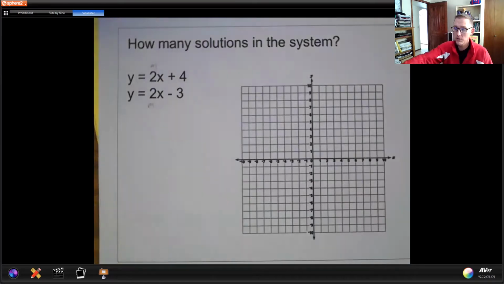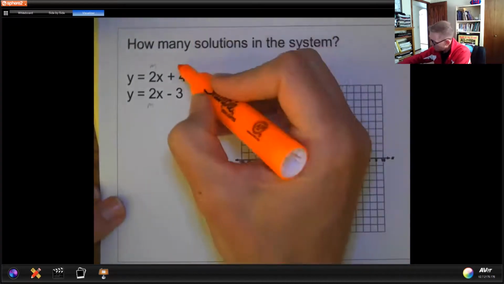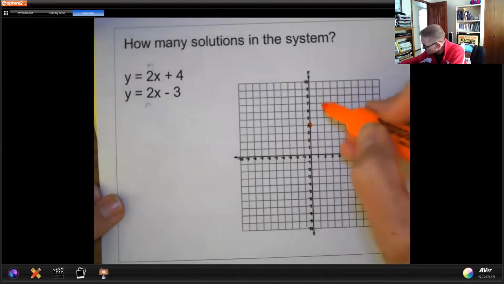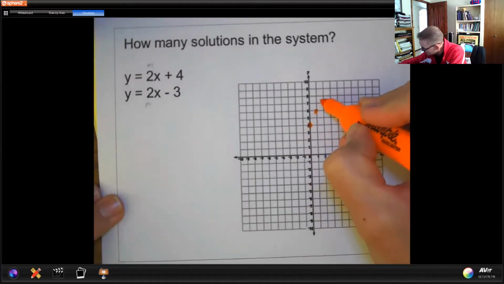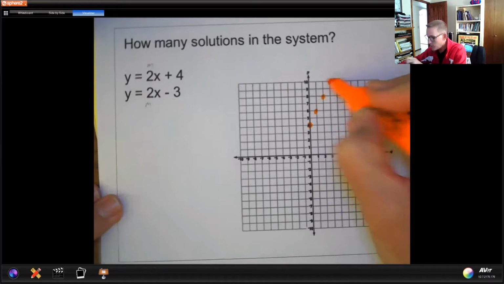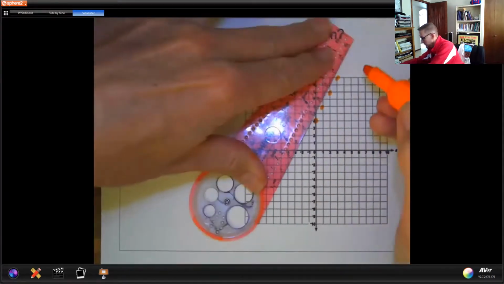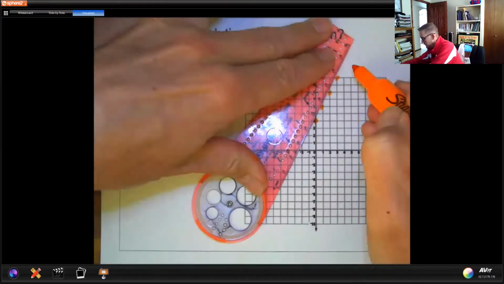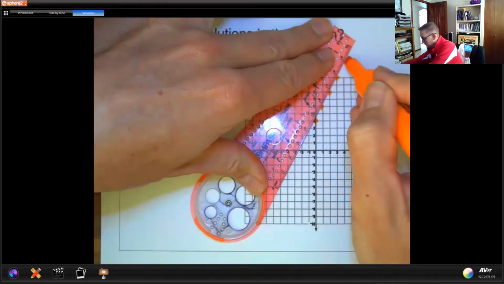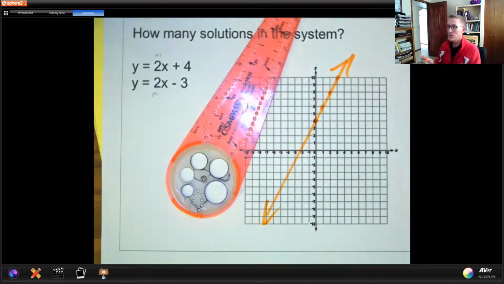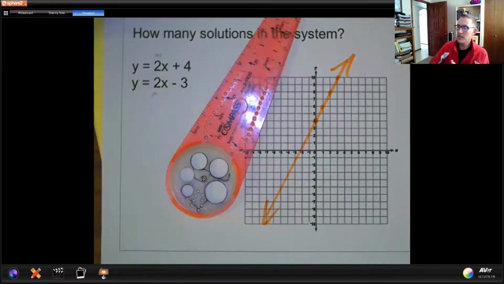Now let's graph it to confirm. So I'm going to use the shortcut to graph the first one. My y-intercept is at plus 4, and then my slope is 2 over 1. Up 2 over 1. So that's the first one. And then let's take the second line here.